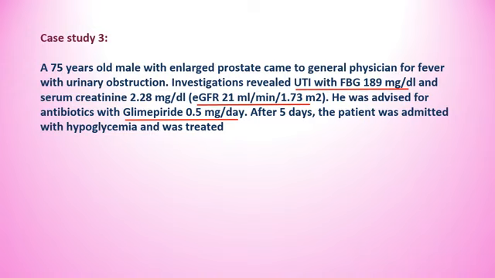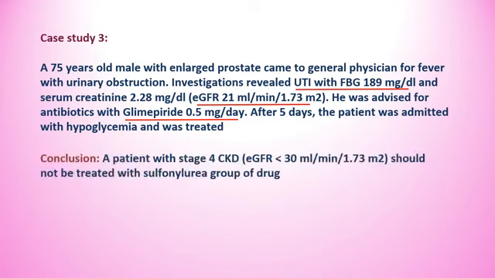He was advised antibiotics with glimepiride 0.5 mg per day. After 5 days, the patient was admitted with hypoglycemia and was treated. The conclusion is that a patient with stage 4 CKD, that is eGFR less than 30, should not be treated with the sulfonylurea group of drugs.